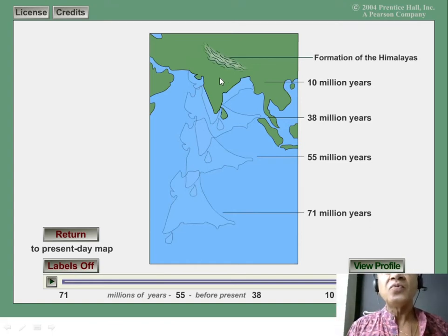Okay, so how would this have changed the climate? Obviously, if the Himalayas were not there and the Indian subcontinent was not sitting so close to the equator in the tropics, our entire business of monsoon would be very different, right? So the monsoon itself got created by this tectonic movement and the mountain building, plus the monsoonal circulation also created changes over East Africa.